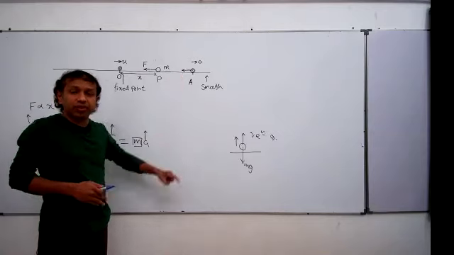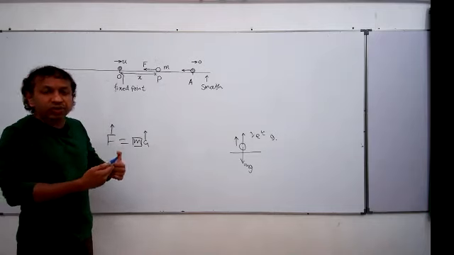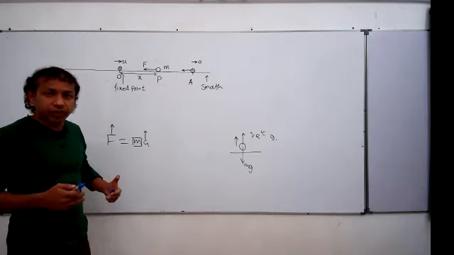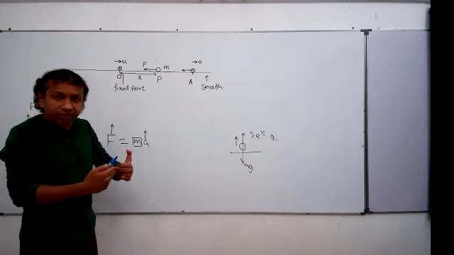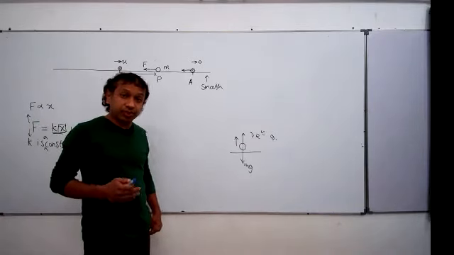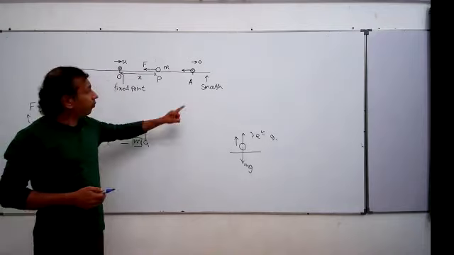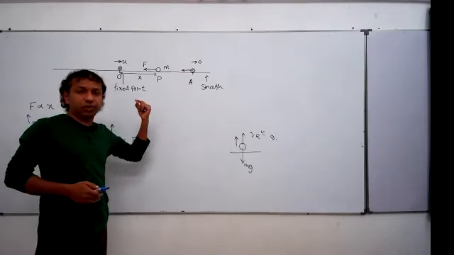What is the reason? The particle moves leftward, and the force also acts in the same direction. When the direction of motion and the external force are in the same direction, the particle gets an acceleration. So once the particle moves from A to O, the particle will always get an acceleration.